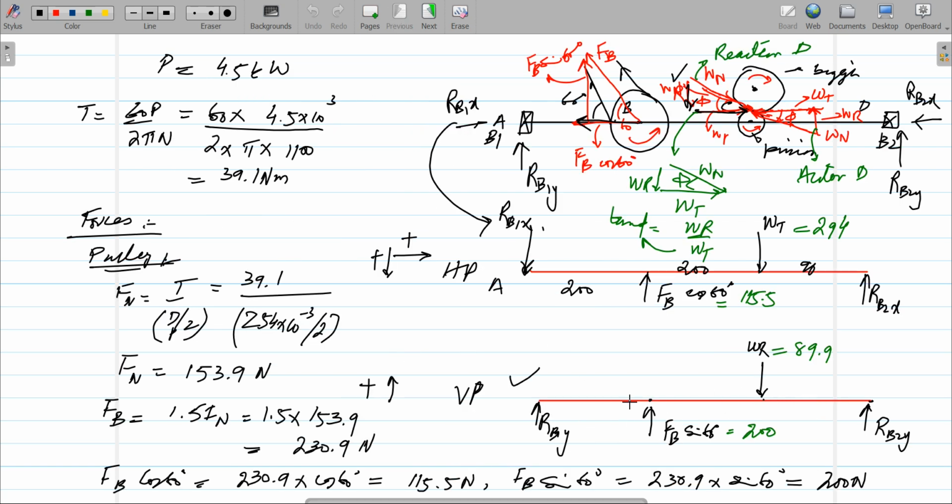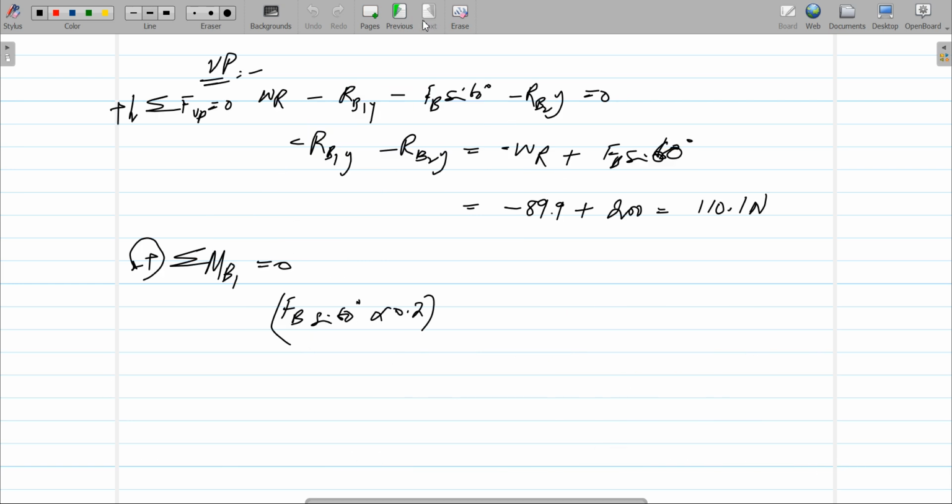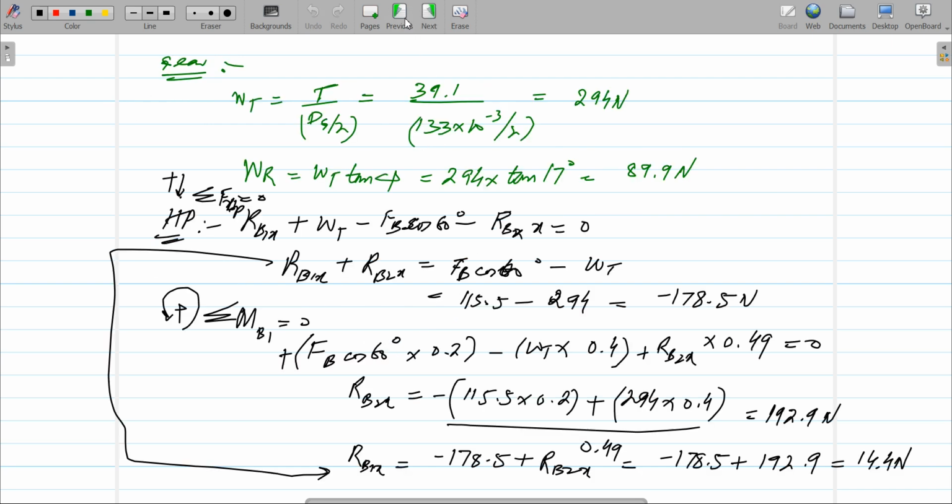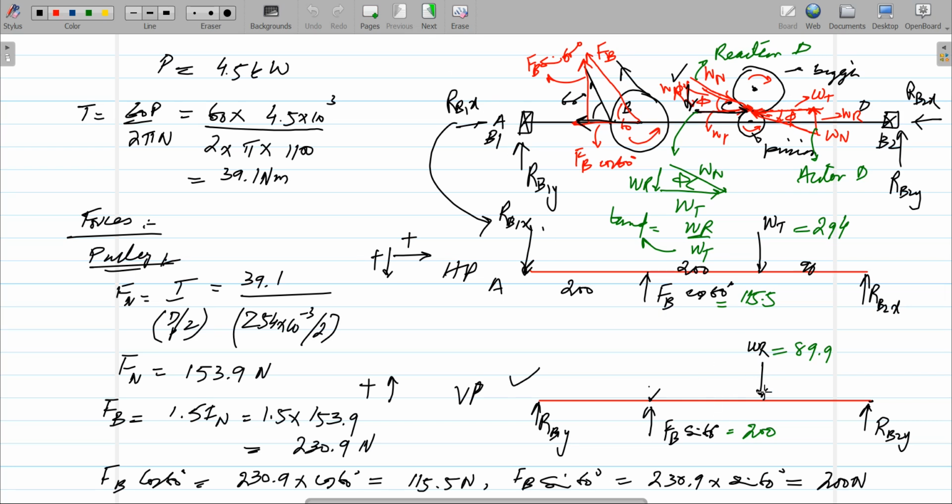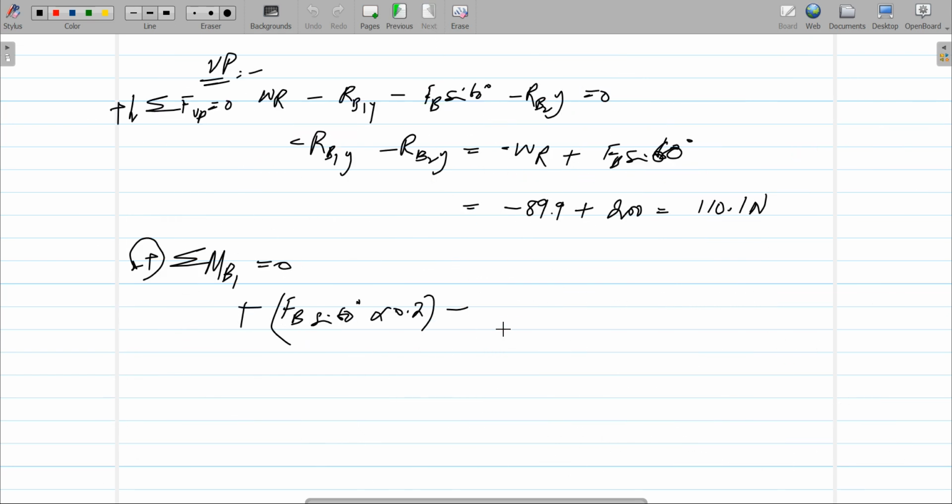We have this component FB, this force into the distance from here to here, which is 0.2, and that is anti-clockwise. So this is 0.2 with a plus sign. Similarly, minus WR, and WR into this is clockwise, so it's negative. So WR into 0.4, clear?